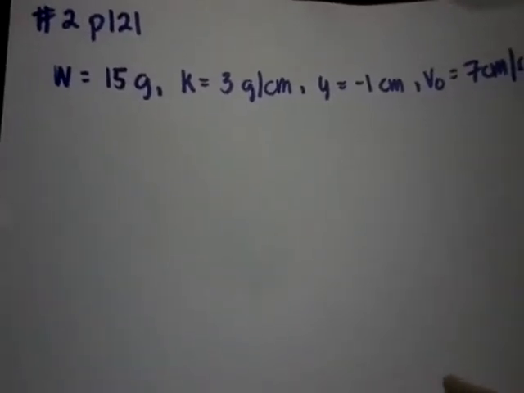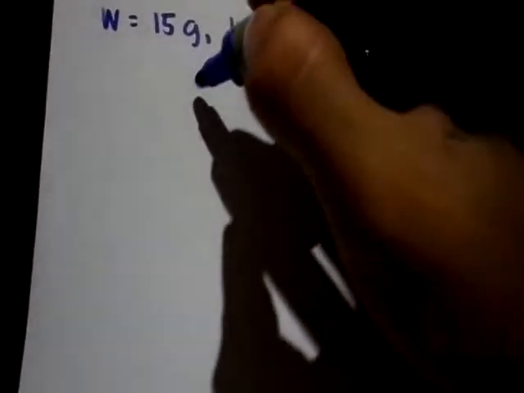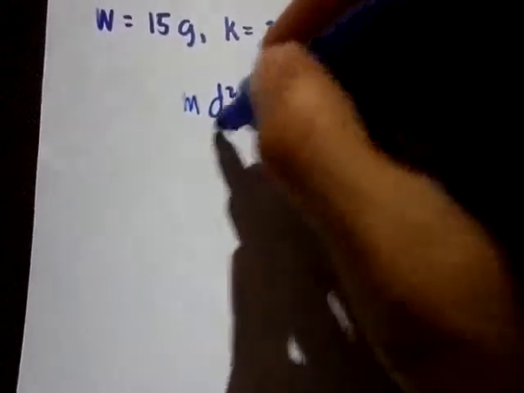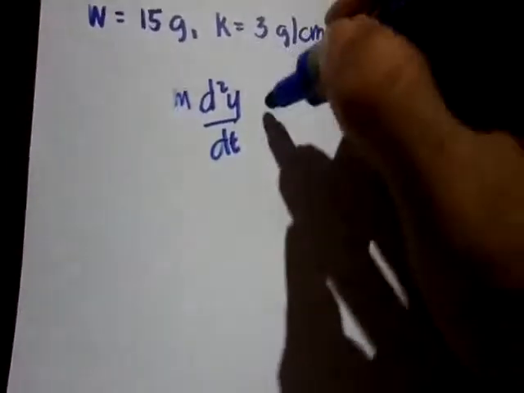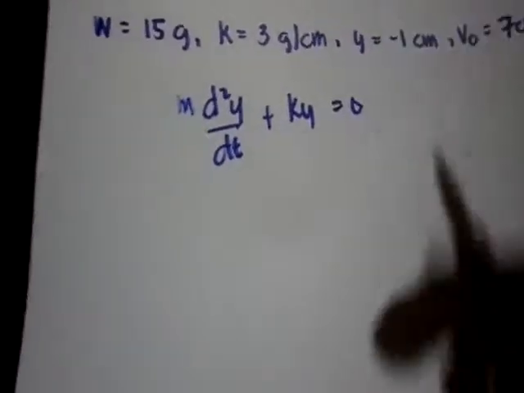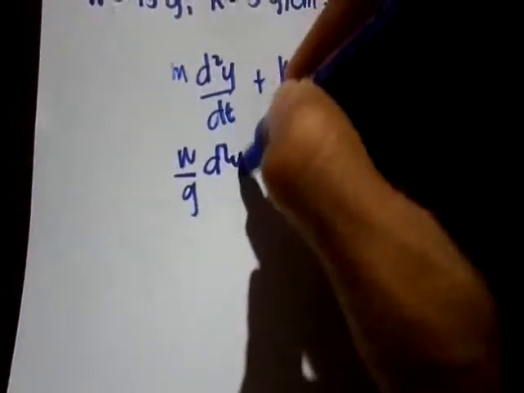Its differential equation for simple harmonic motion is mass times d squared y over dt squared plus ky is equal to 0, where mass is equal to weight divided by gravity.